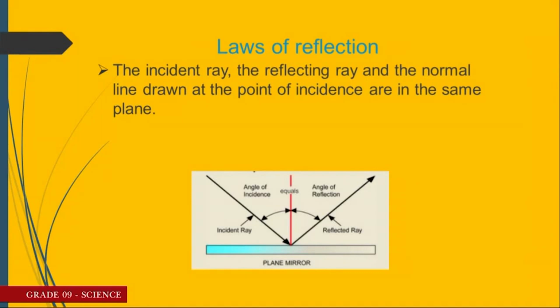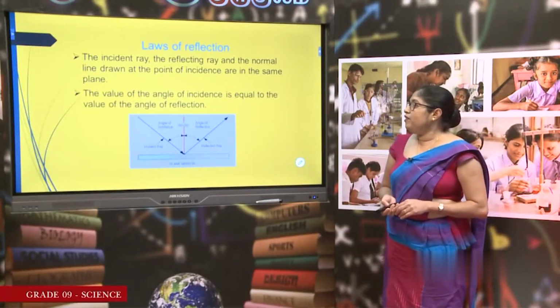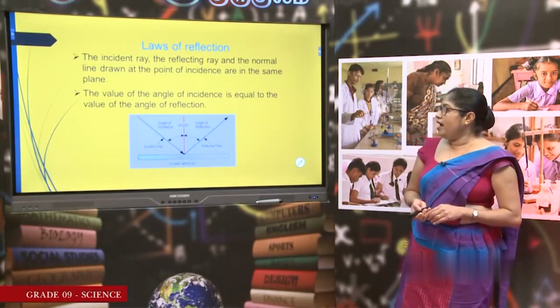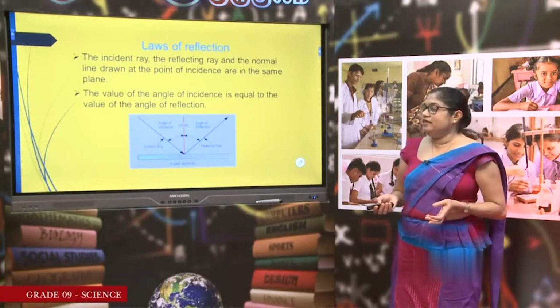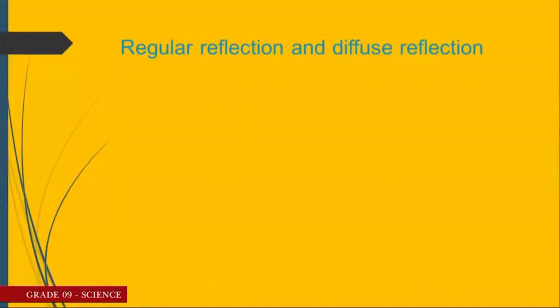In addition to this, the law of reflection says the value of the angle of incidence is equal to the value of the angle of reflection. Simply, the angle of incidence is equal to the angle of reflection.